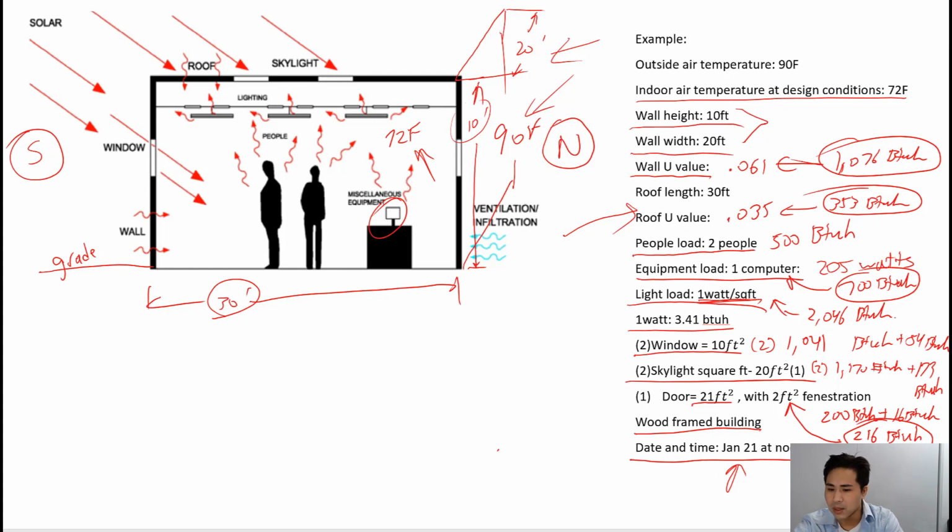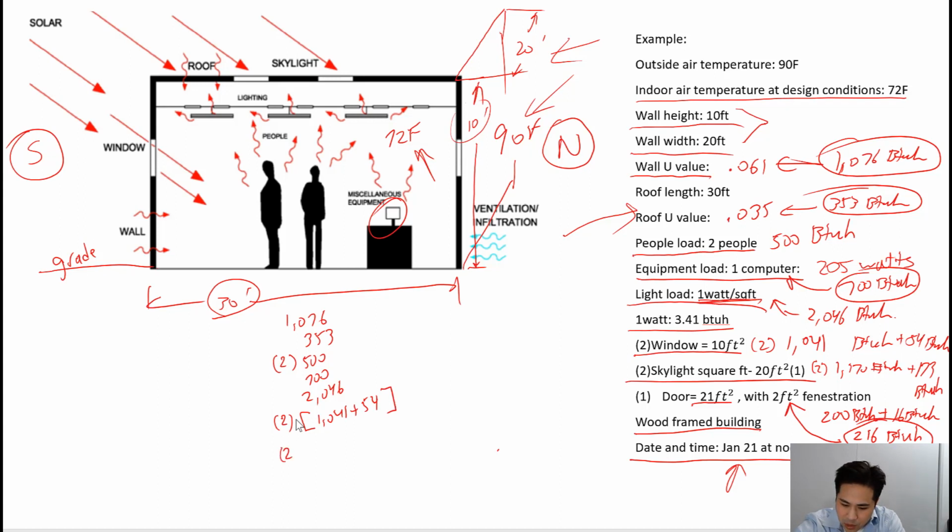Alright, so for the wall it's 1076, the roof is 353, the people load is 2 people at 500 BTUs each, the computer load including the printer was 700, the light load is 2046, the window there are 2 each at 1041 plus the 54.